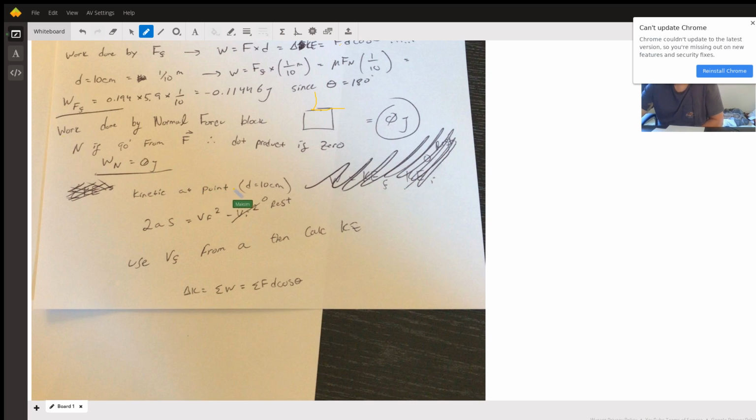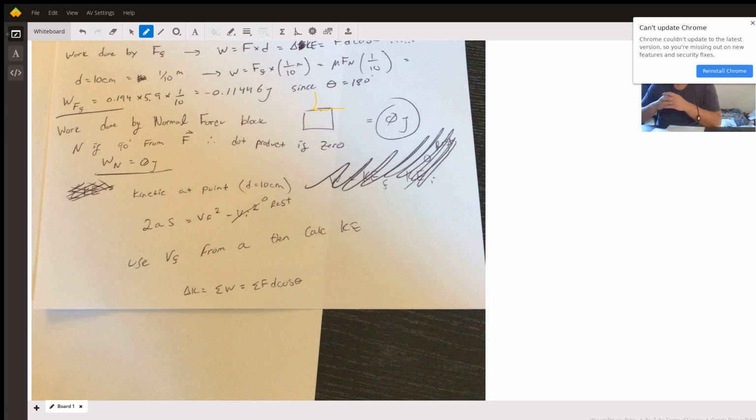So for the kinetic, the next, almost out of time. For the kinetic energy at that specific point after traveling 10 centimeters, there's two ways to do this. One way is that it started off at rest, so V_i is 0.